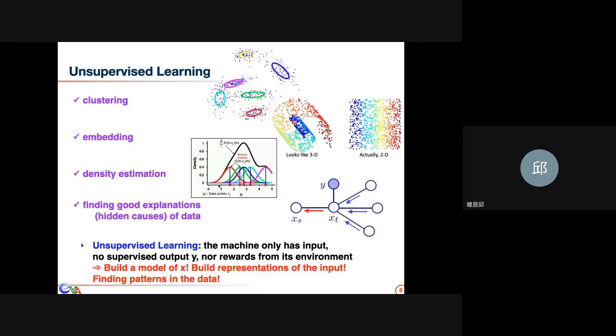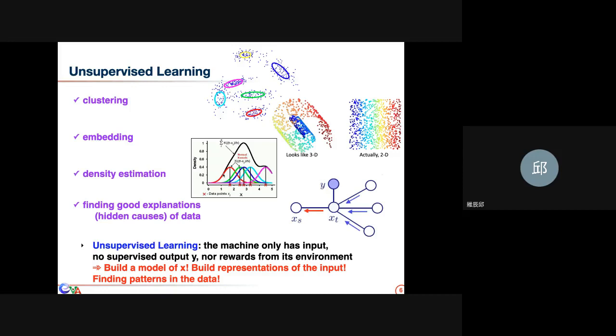By using the technique we mentioned previously, the kernel density estimation technique, I can simply put a small Gaussian on every data point, and in the end sum up all those small Gaussians, and I end up with this curve in black color, which is a good density estimation of your 1D data set. So it provides you a function that can well approximate the probability density of your data set. And this is unsupervised learning basically.